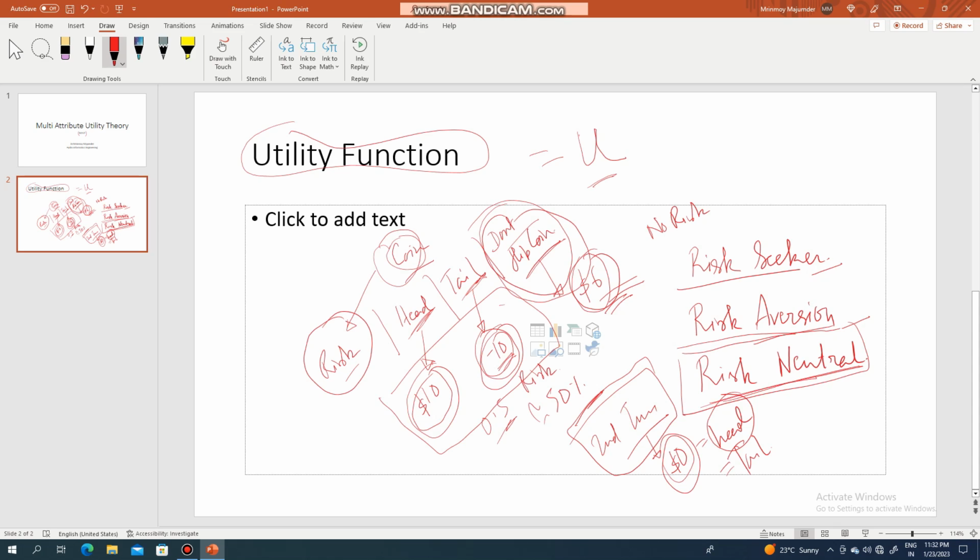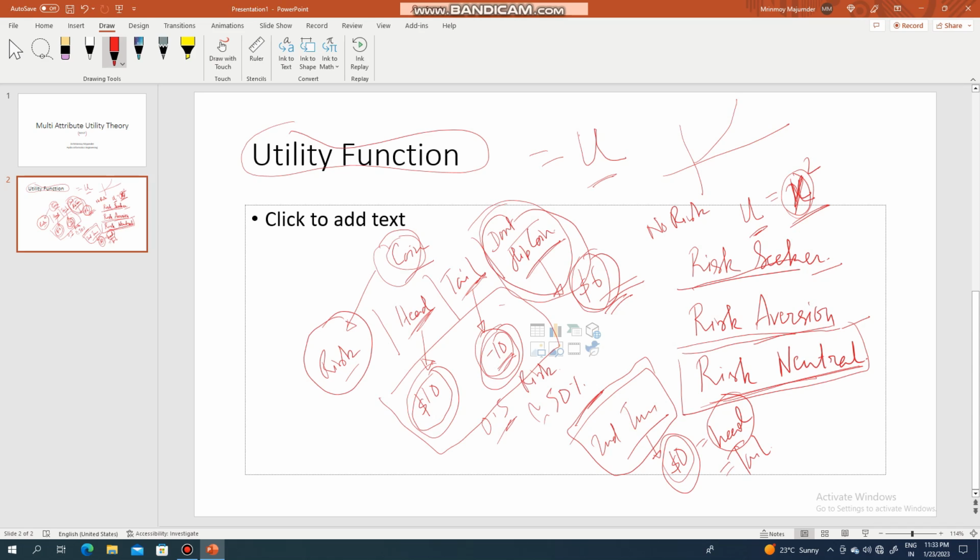Now it is said that when you are a risk taker, your utility function becomes U is equal to x squared. x is the independent variable, and the utility function is the dependent variable. So when you are taking risk, your profit, if this is a profit function, is squared.